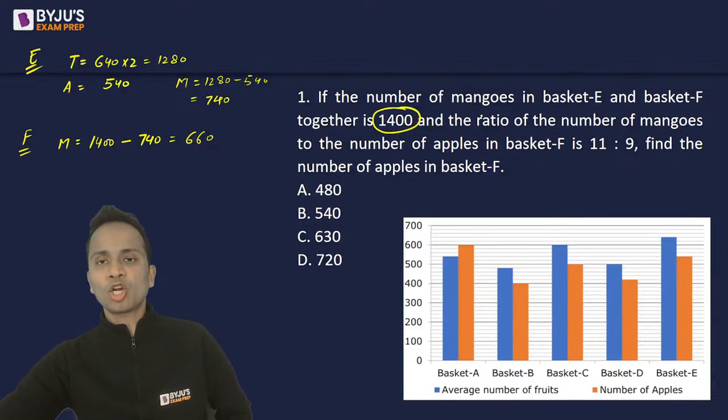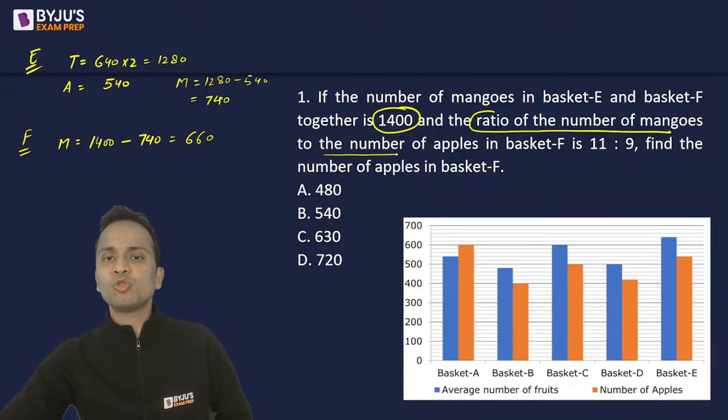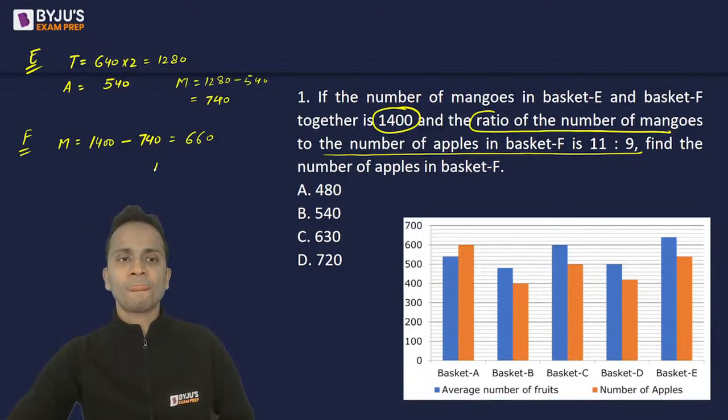Okay. Now continuing, they are also saying that the ratio of the number of mangoes to the number of apples in basket F is 11 is to 9. So mangoes upon apples is equal to 11 upon 9. I know the number of mangoes, 660, divided by the number of apples.